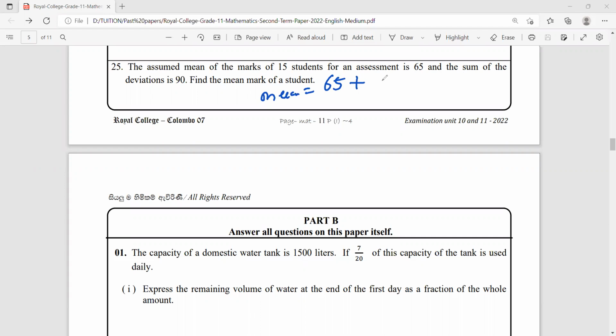You can get the mean of the deviations by 90 divided by 15, because there are 15 students, right? So you divide this by 3, you get 5. You divide this by 3, you get 30. So you get 30 divided by 5 is 6. This is 65 plus 6, that is 71. This is the mean mark of a student.